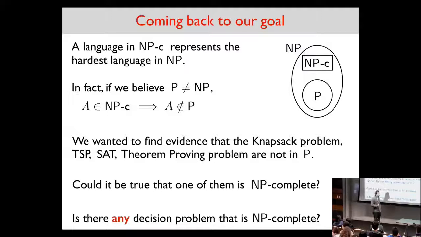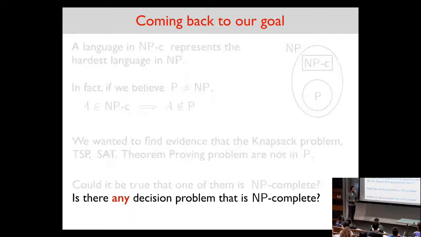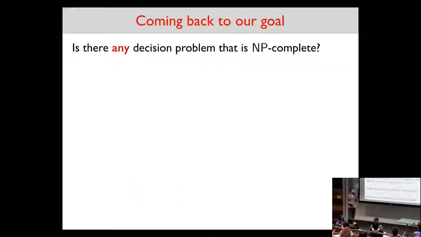It's a very strong requirement for a language to be NP complete. Every problem in NP has to reduce to that problem. Wow, that's a very strong requirement. Why would any problem satisfy that requirement? The first time I heard this, I didn't think that there would be such a function. So is there any decision problem that's NP complete?